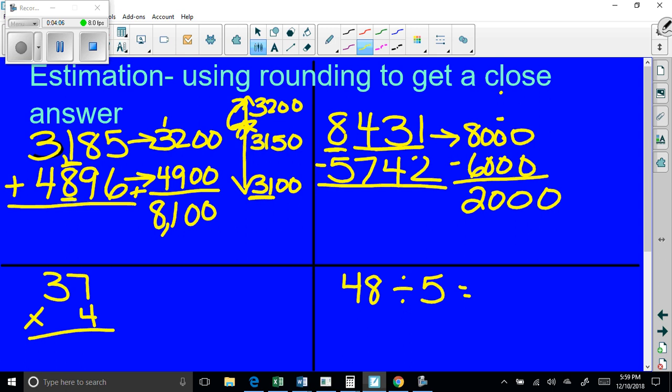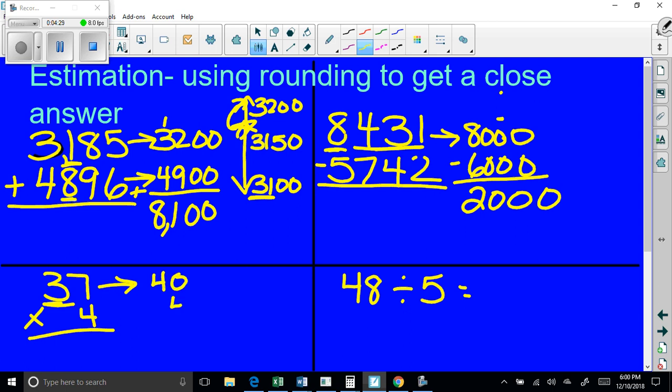And then the same thing with my multiplication. I'm just going to round this top number. So I know if I have 37 and I want to round that to the nearest 10, I have 3 tens and it could round to 30 or 40. But I know that 37 is more than the midpoint, which is 35. So it's going to be closer to 40 on that number line.